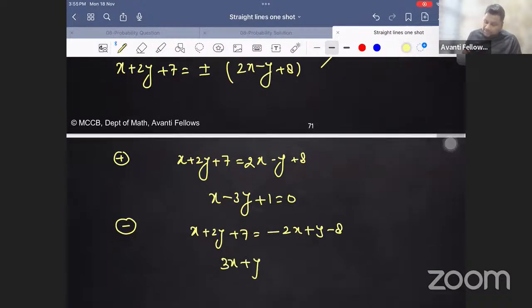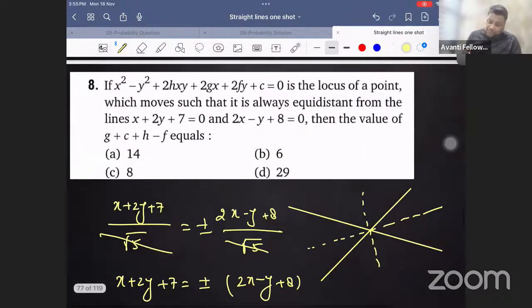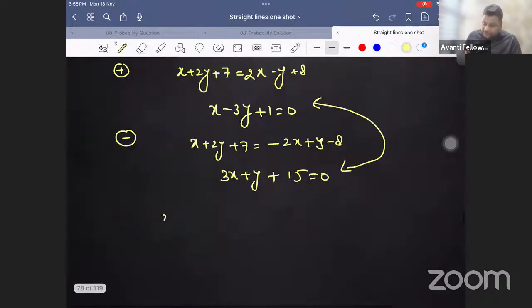So 3x plus y plus 15 equals 0. Now their product will be the combined equation which is given to me in this form. Got it? So it is x minus 3y plus 1 into 3x plus y plus 15 equals 0.